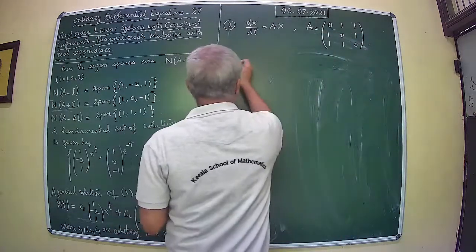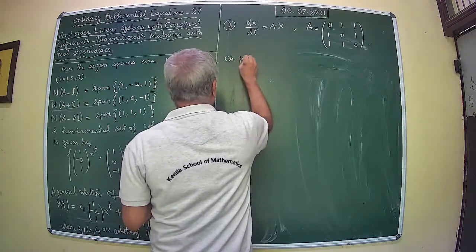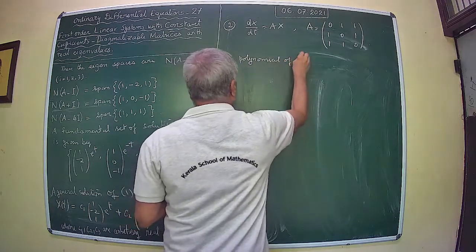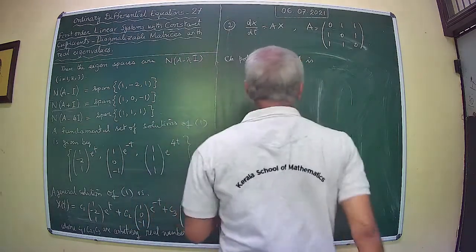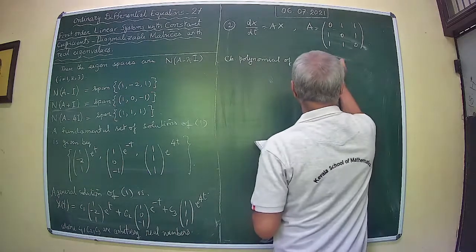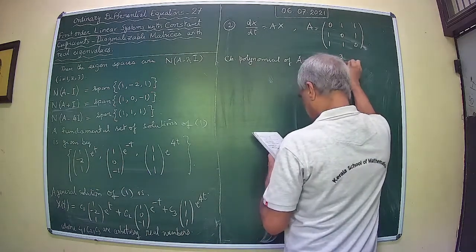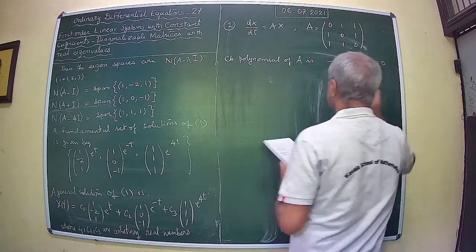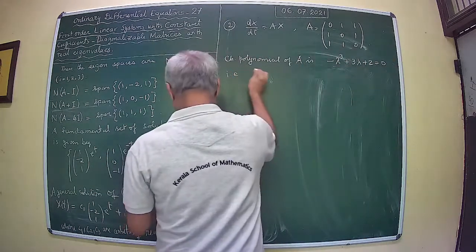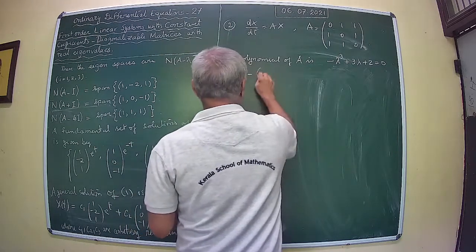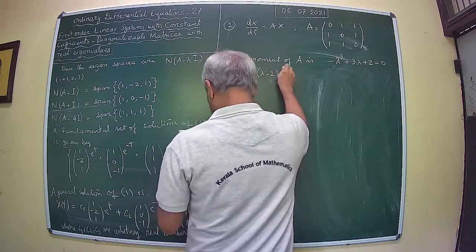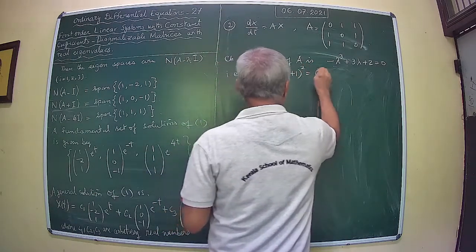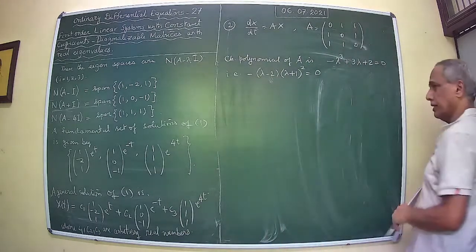Now here the characteristic polynomial of A is minus lambda cubed plus 3 lambda plus 2 equal to 0, that is minus (lambda minus 2)(lambda plus 1) squared, so you have a multiple eigenvalue.